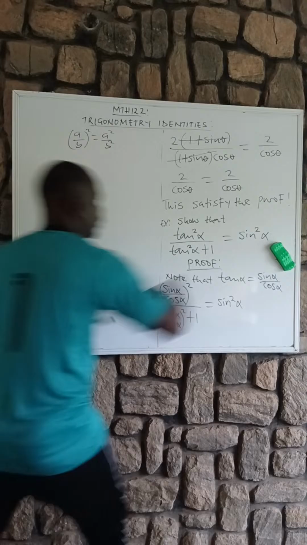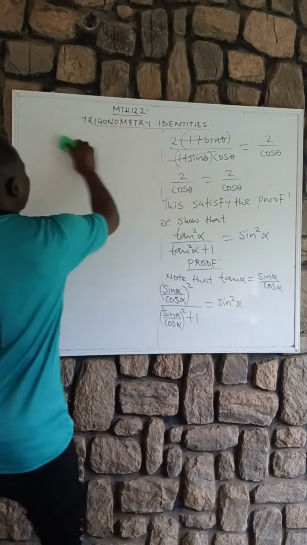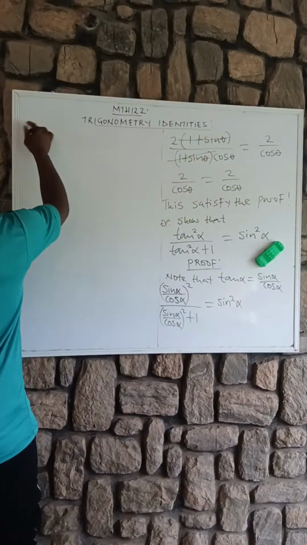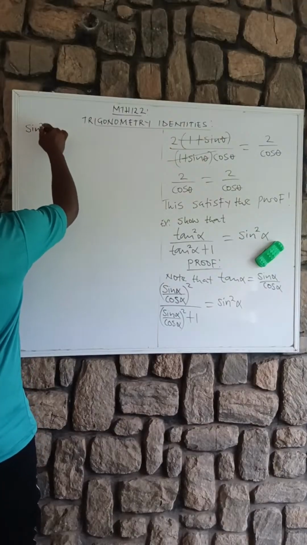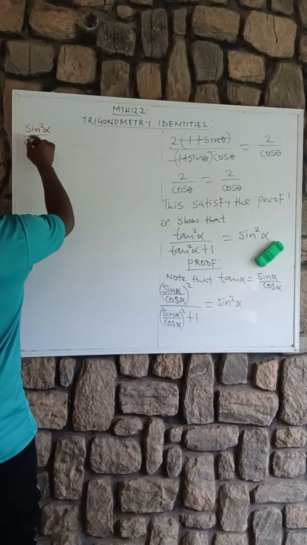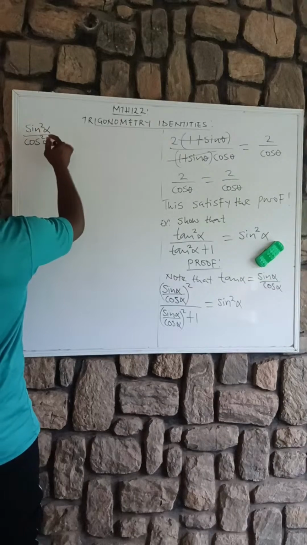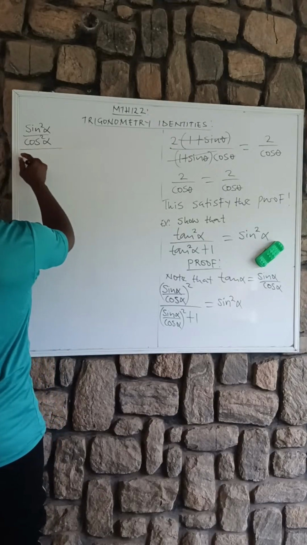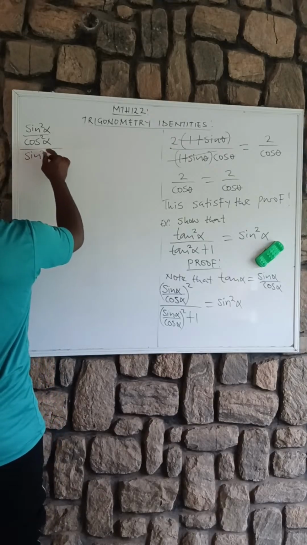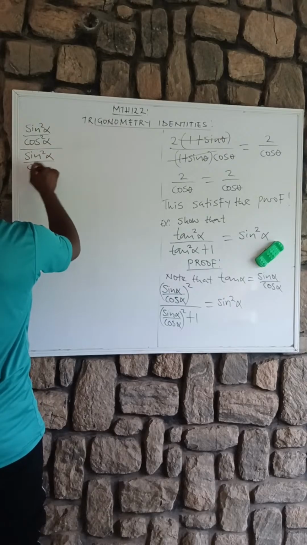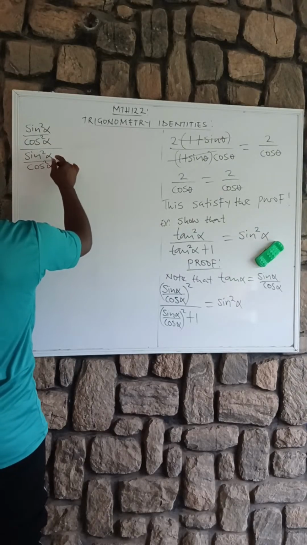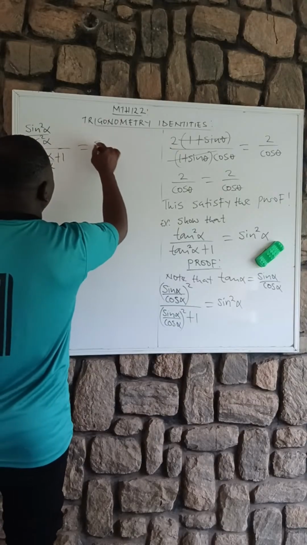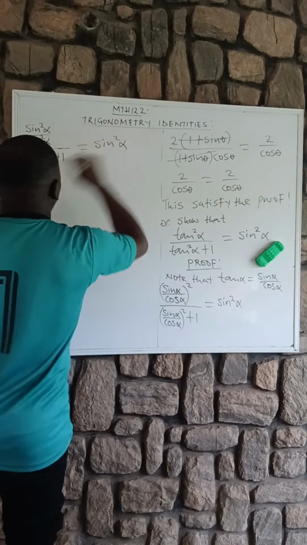So the left hand side will now be sin square alpha all over cos square alpha, then all over sin square alpha all over cos square alpha plus 1, equals to sin square alpha.